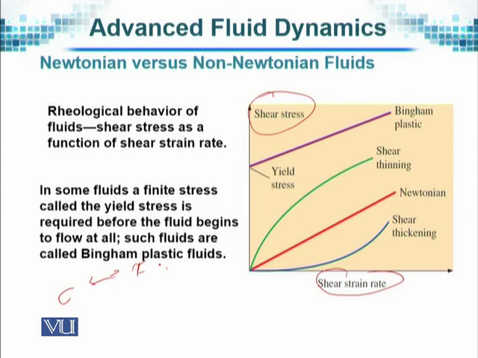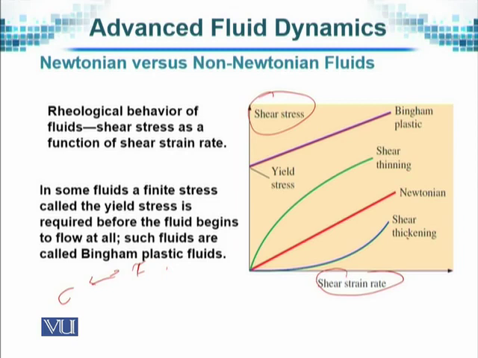You can see that in the case of Newtonian fluids, we see a straight line. A straight line reflects a sense of proportionality. That means shear stress and shear strain are linearly proportional to each other, and as shear stress increases, the shear strain also increases linearly.